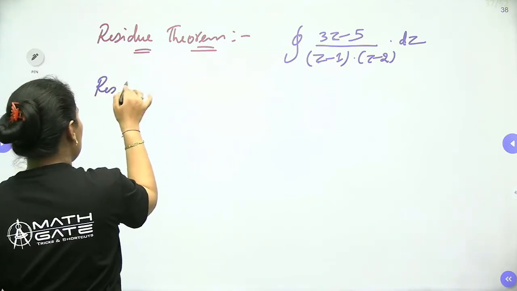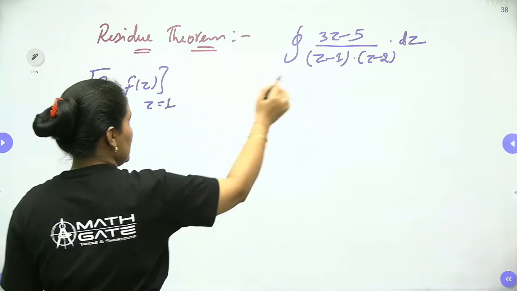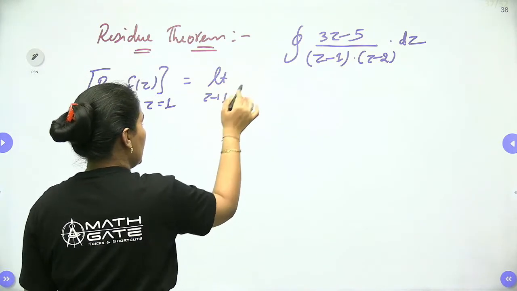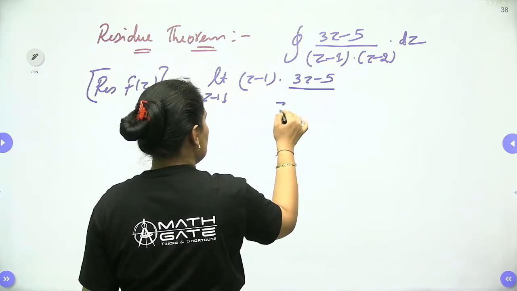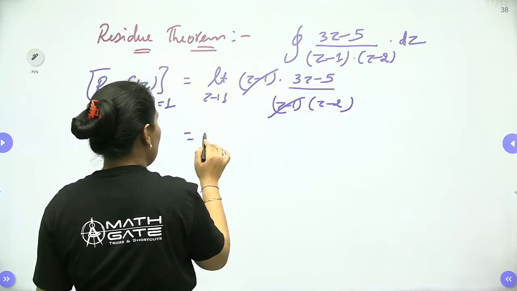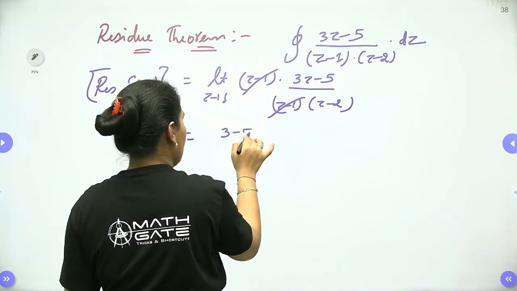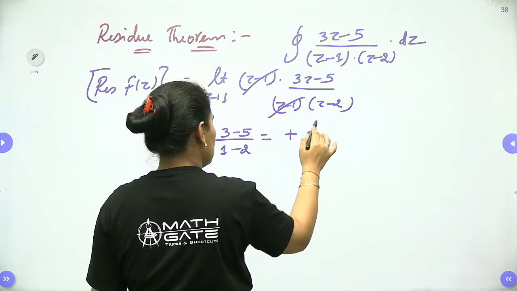Let's find the residue of f(z) first at z = 1. It will be the limit as z tends to 1 of (z - 1)(3z - 5)/((z - 1)(z - 2)). The (z - 1) cancels out. When we take the limit, it will be (3 - 5)/(1 - 2), which is minus minus plus 2 only.